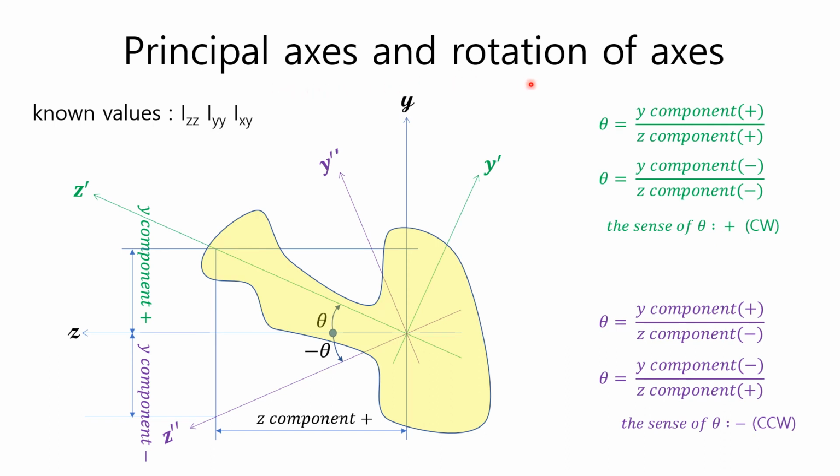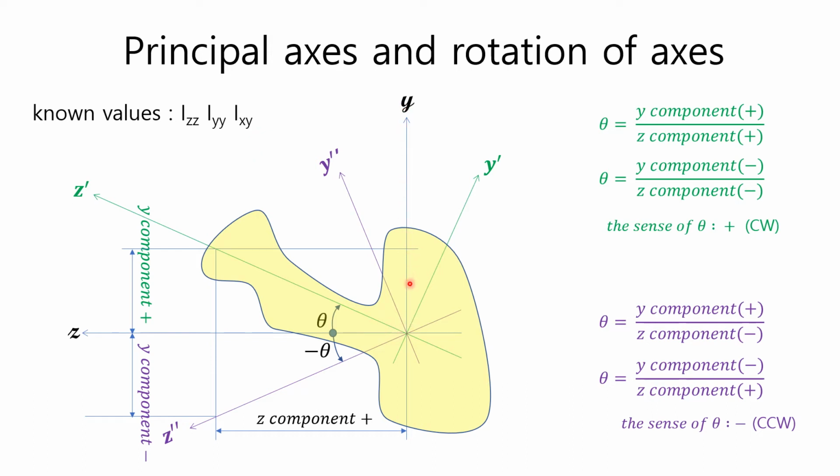In order to examine the relationship between the principal axis and the rotation of coordinate axis, let's consider how to calculate the second and product moments of area for the zy prime axis rotated clockwise by theta from the original zy coordinate system, assuming that we have already known the second and the product moments of area about the original zy axis.